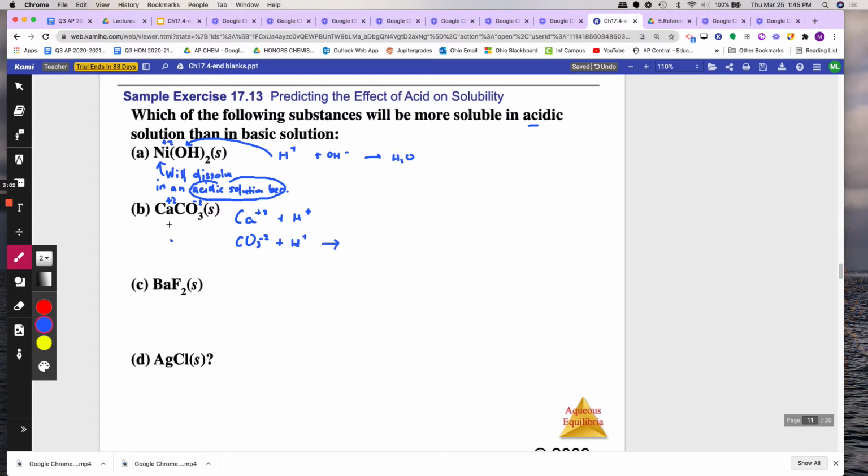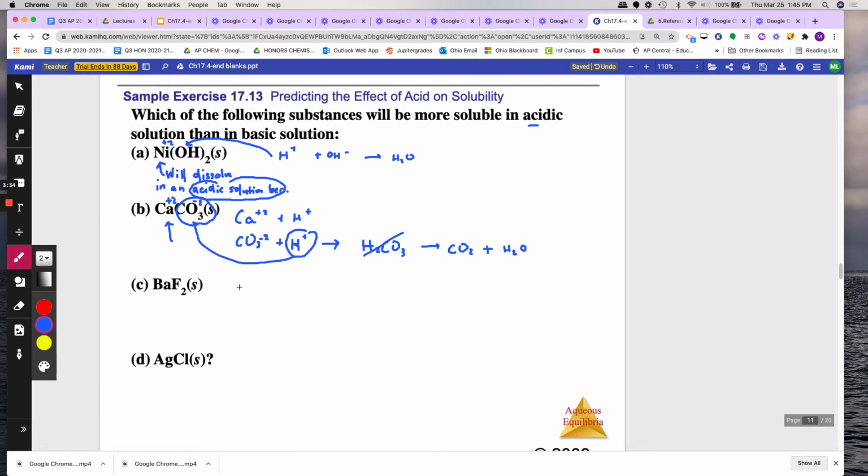Calcium carbonate, by the way, is what seashells are made of. So if you put acid in there, the H plus will take away the CO3 minus 2, and what it will make is carbonic acid. And that is unstable as it decomposes into CO2 and H2O. So yes, you will dissolve seashells if you put them into an acidic solution.